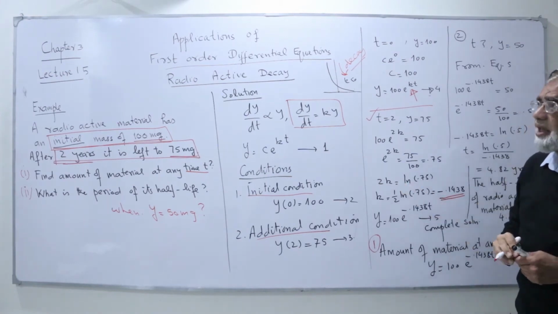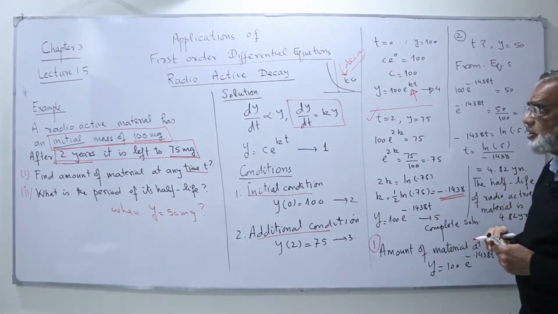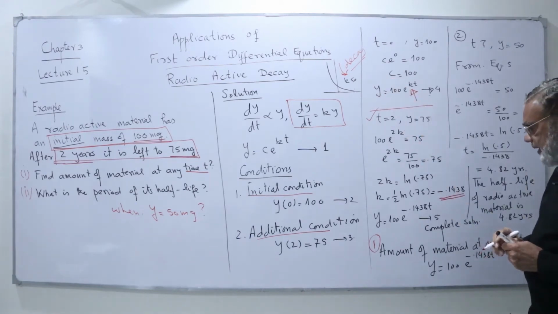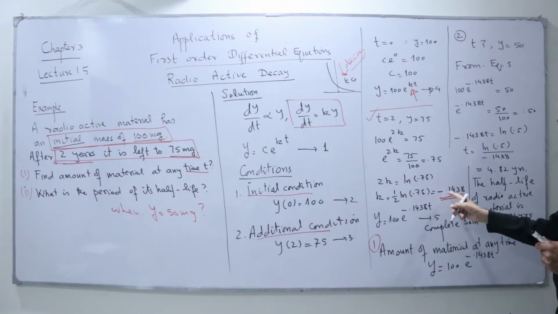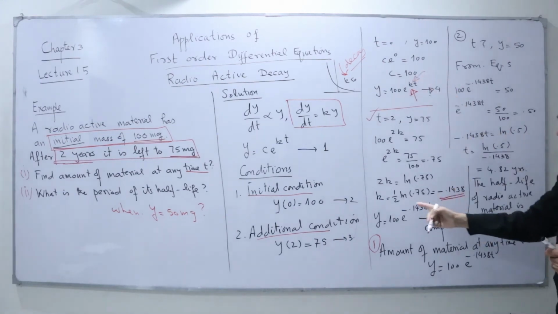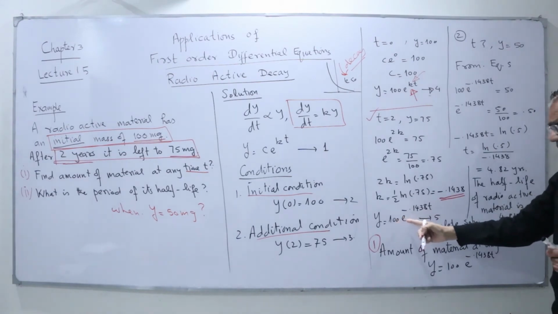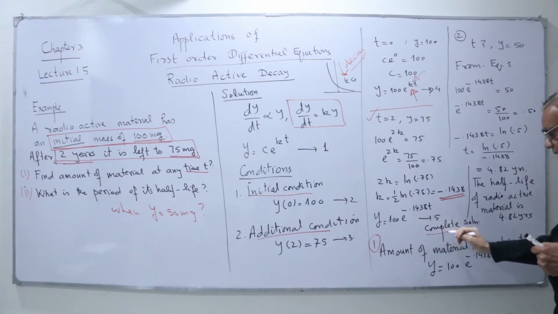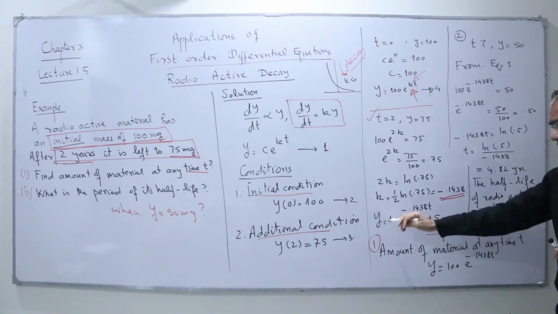In the last lecture, I explained the growth problem where k is bigger than 0. Here k must be less than 0 because it's decaying. So k is minus 0.1438. We substitute the value of k, and we get y equal to 100 e to the power minus 0.1438t, and it's our complete solution. Complete means now we can substitute the value of t to get the value of y.